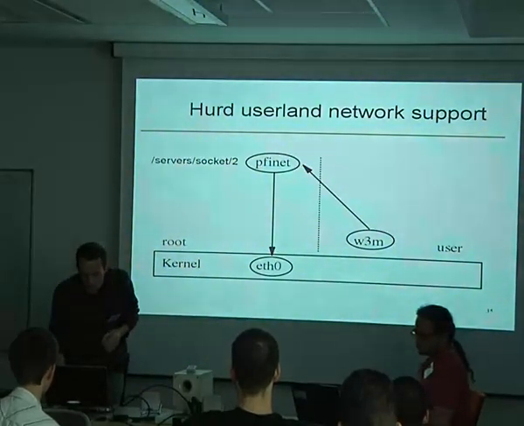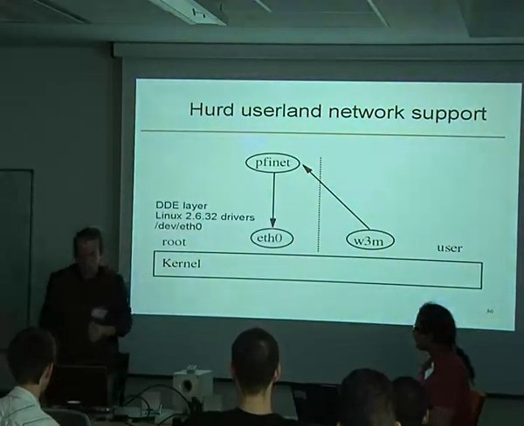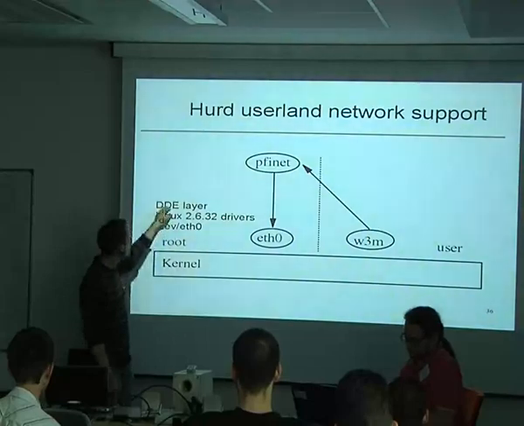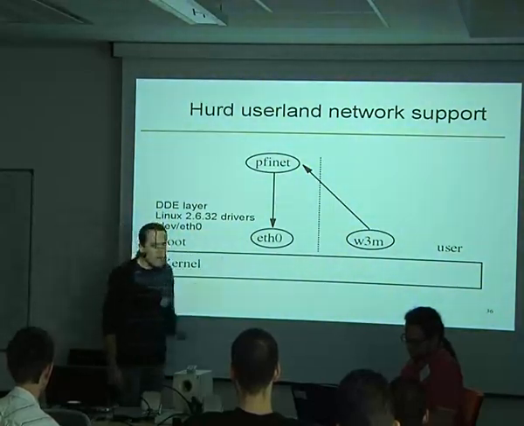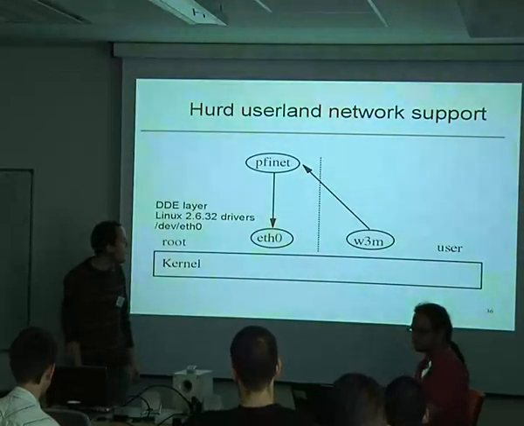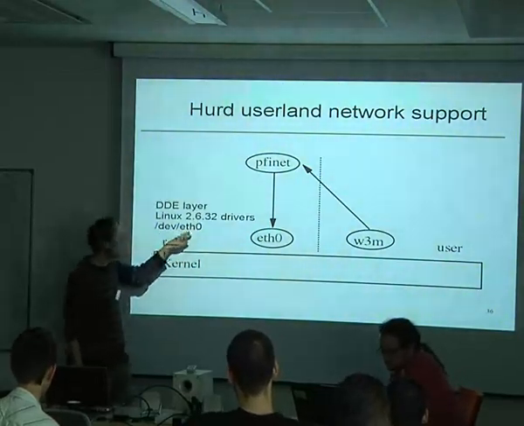Something that Zheng Da did some time ago was stuffing Linux drivers with the DDE layer in a process, and so it gets access to the hardware, and then it shows up itself as /dev/eth0.